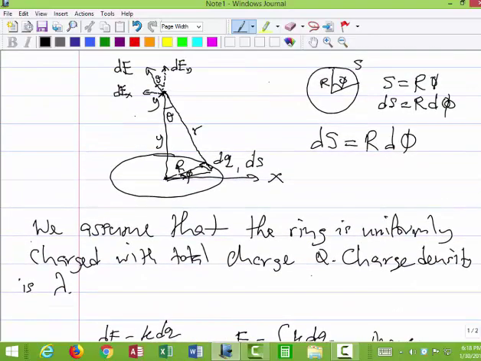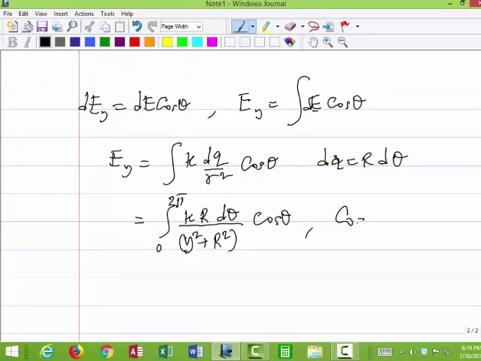If you look at the way it's set up, cosine theta is adjacent over hypotenuse, so cosine theta is equal to y over r, where r is just y squared plus r squared raised to the power half, the square root of y squared plus r squared.